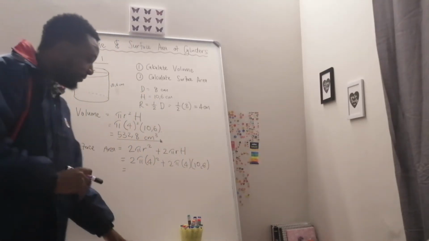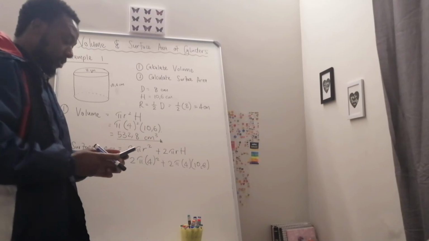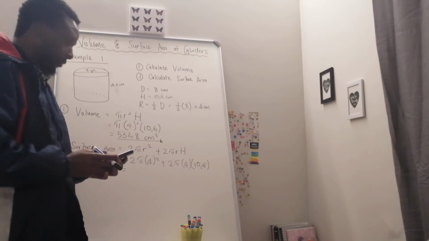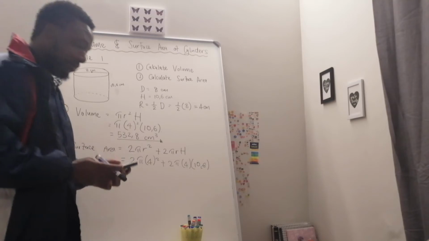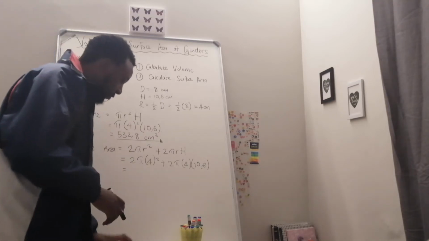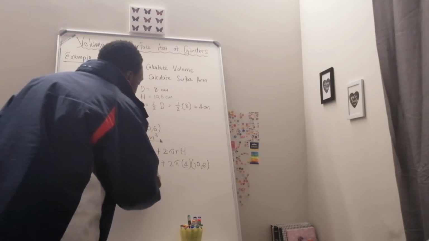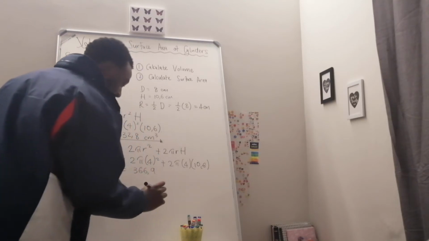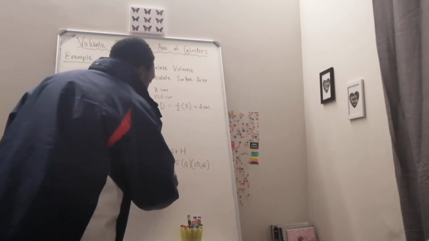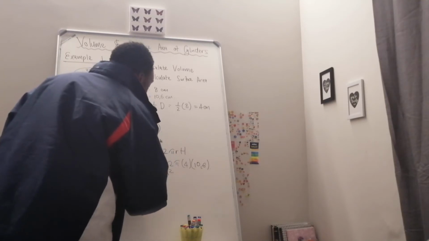So what do we get? 2 pi... you get 366.9 centimeters squared.